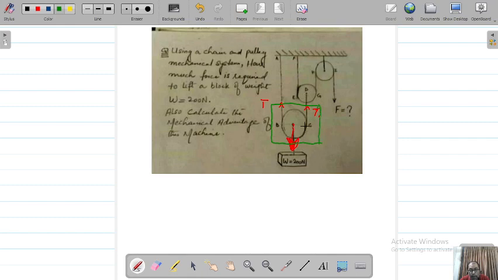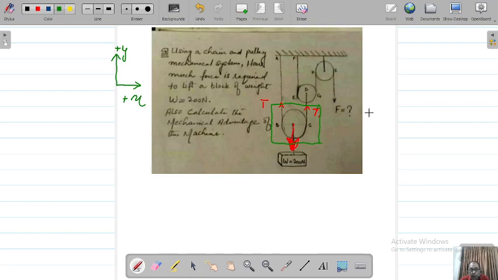This is going to be your y-axis, and this is going to be your x-axis, plus x, and this is your plus y, remember.